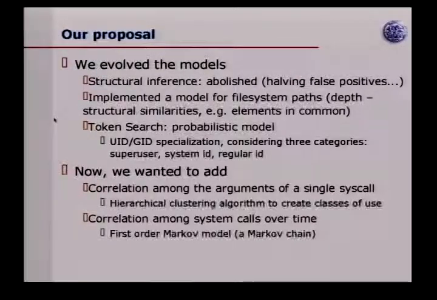We introduced a probabilistic model for token search, and we specialized it for UID and GID. Because if you think about it, when you see a UID-GID combination, what you're really interested in is: is it 0? Is it between 0 and 1,000? Or is it above 1,000? Because these are the three classes of UIDs and GIDs, for example, on Linux systems.